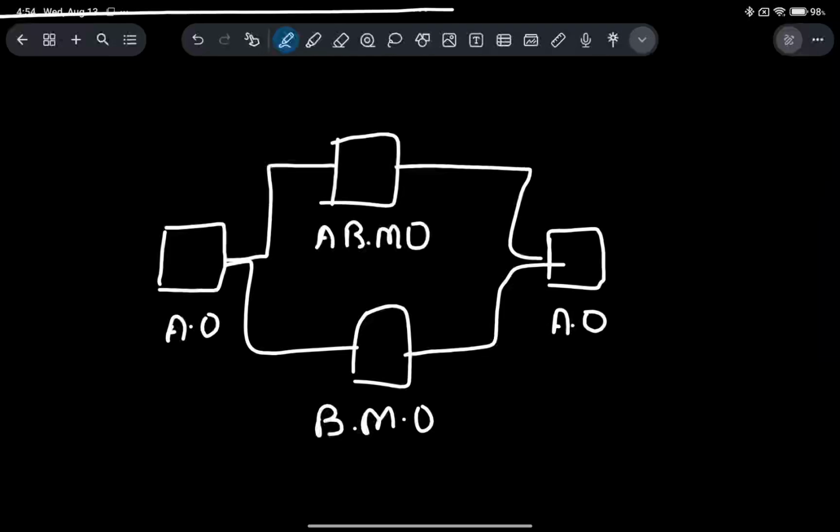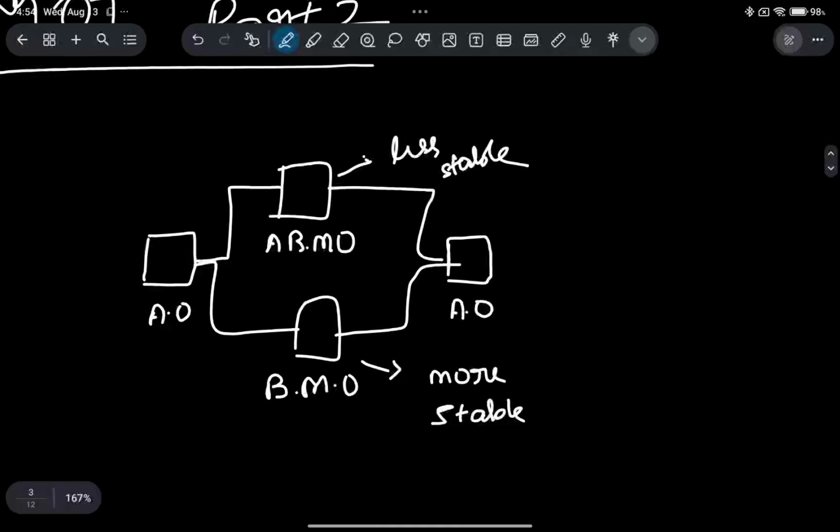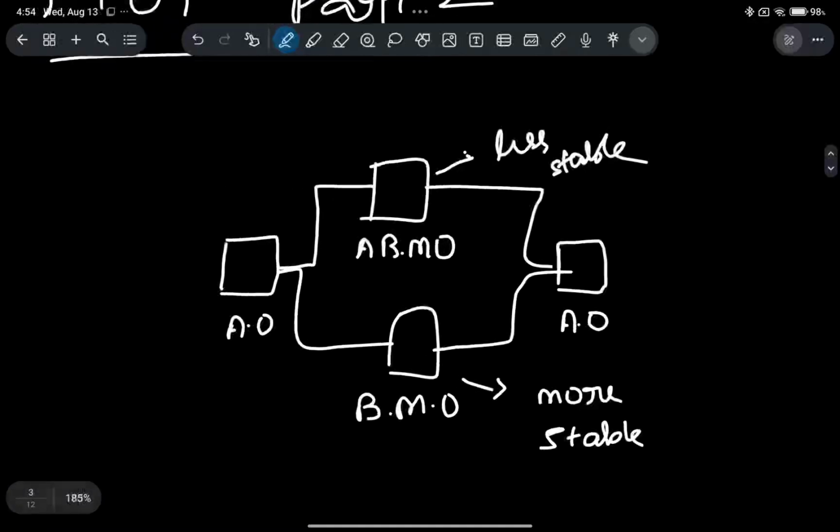As we know, the bonding orbital is more stable, and the anti-bonding molecular orbital is less stable. From the bonding molecular orbital to the anti-bonding molecular orbital, the energy is more for the anti-bonding molecular orbital.